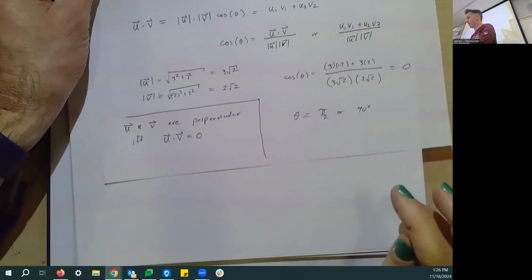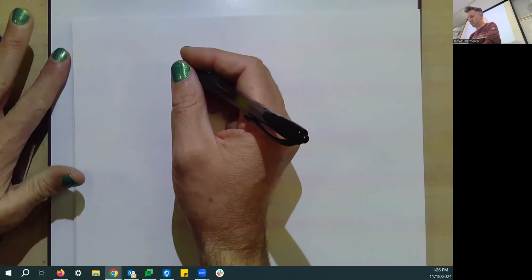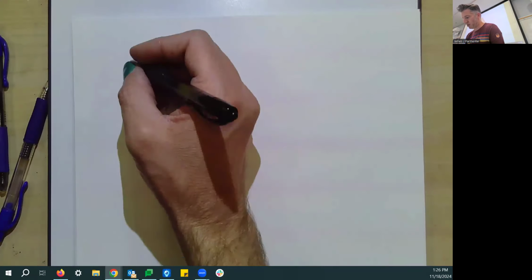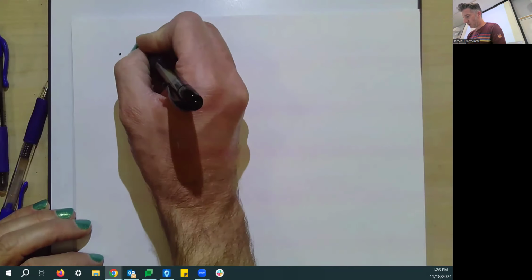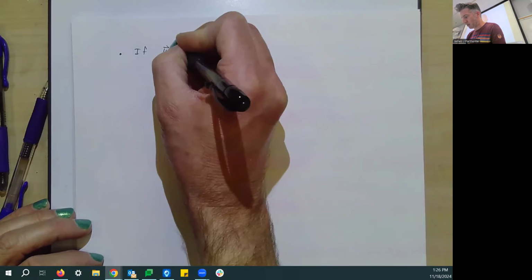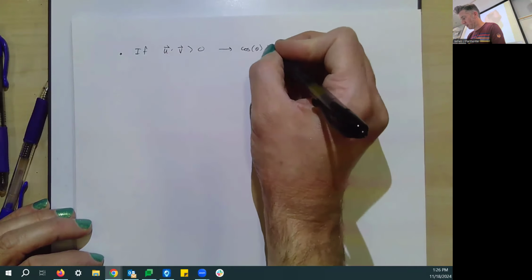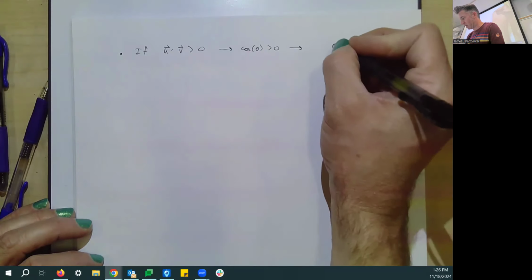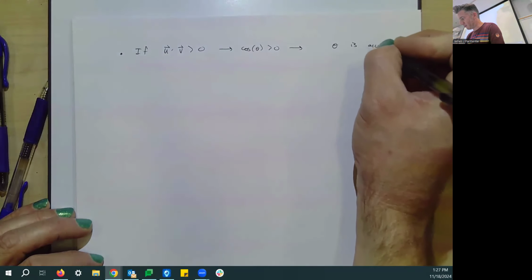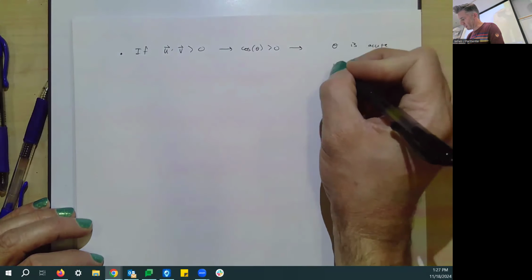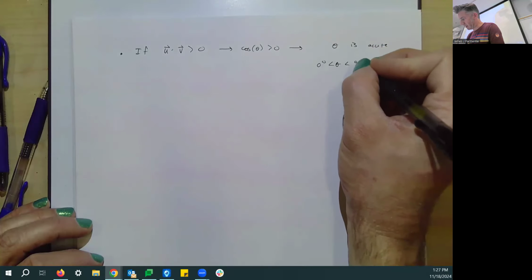I guess I could write that down. So if u dot v is positive, then cosine of your angle between them is positive, which means your angle is acute. Your angle is between 0 degrees and 90 degrees.